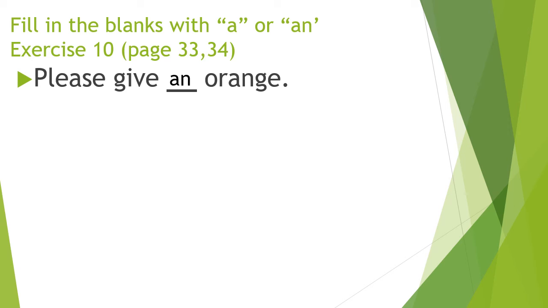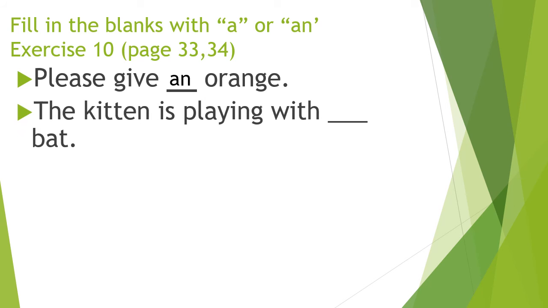Next is, the kitten is playing with dash bat. The kitten is playing with a bat, as the noun bat has a consonant sound of B. So a will come in this blank. The kitten is playing with a bat.